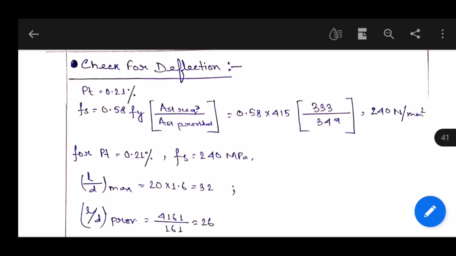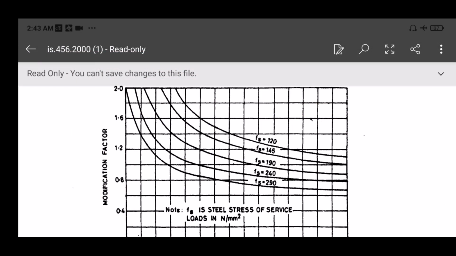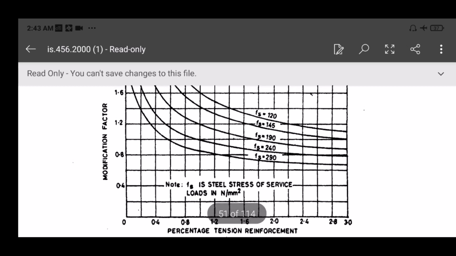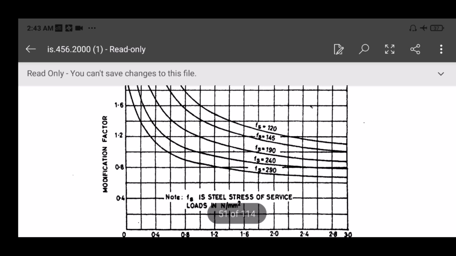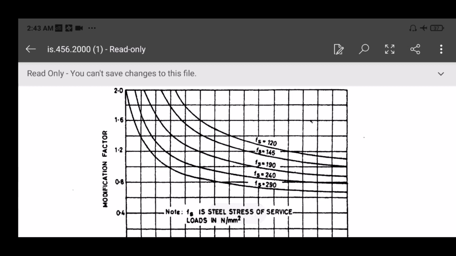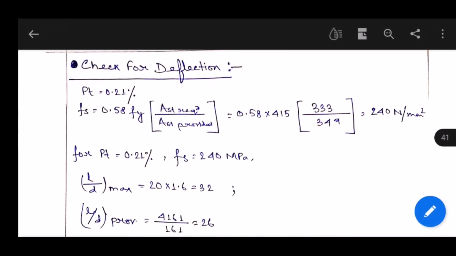So let's check figure 4 of IS 456-2000. So this is figure 4 of IS 456-2000, Fs is 240 and percentage of steel is 0.21. From these two we may find out the approximate value of the modification factor. So the modification factor is almost 1.6.